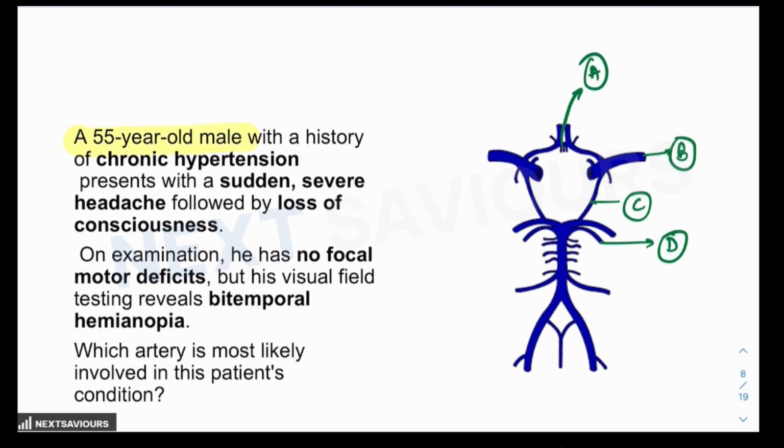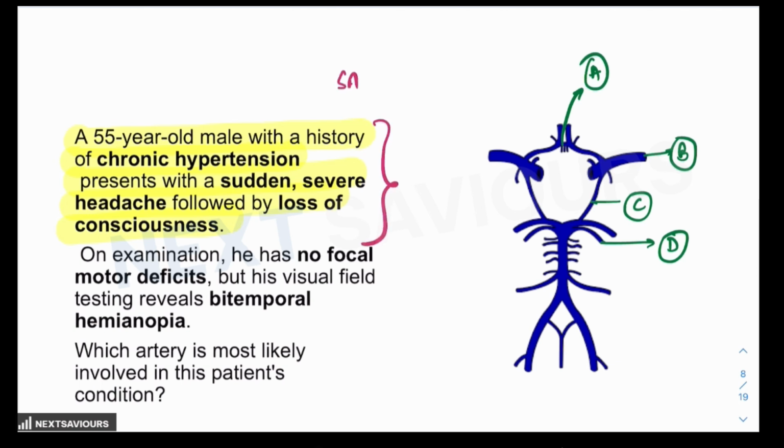A 55-year-old male with a history of chronic hypertension presents with a sudden severe headache followed by loss of consciousness. As you know, these features are related to subarachnoid hemorrhage because of the severe headache, also called thunderclap headache, the worst headache of the lifetime, followed by unconsciousness.